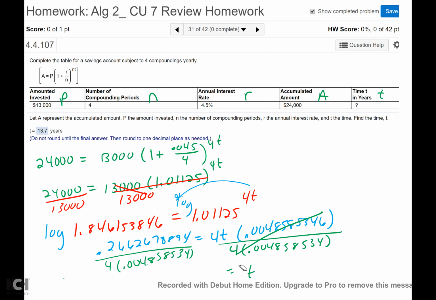Oh, I divided by 4t. Yeah, so that would just leave t. The 4 cancels also. So t equals 13.701 something something, and if you round to 1 decimal place, that'd be 13.7.